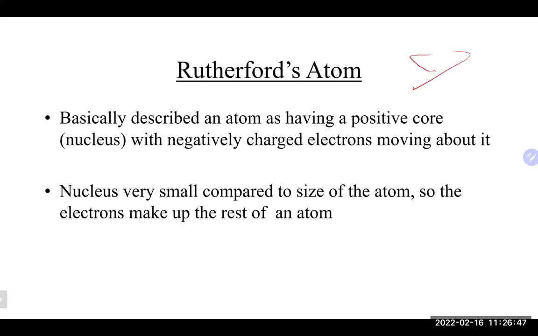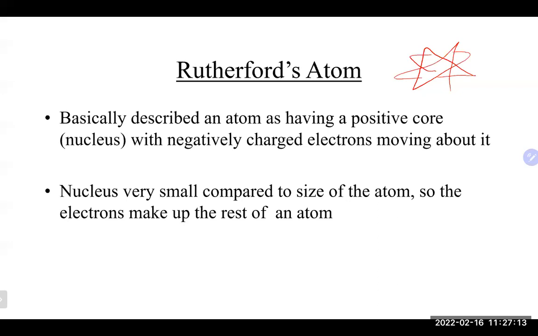Again, those electrons are traveling in a pretty random pattern around the nucleus. We also talked about the idea that there is some attraction between those electrons, which are flying around in that empty space or that electron cloud, and the nucleus, as the nucleus is positively charged and the electrons are negatively charged. The nucleus, as we know, is very small compared to the size of the atom.